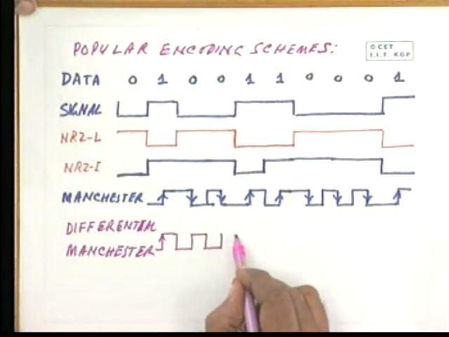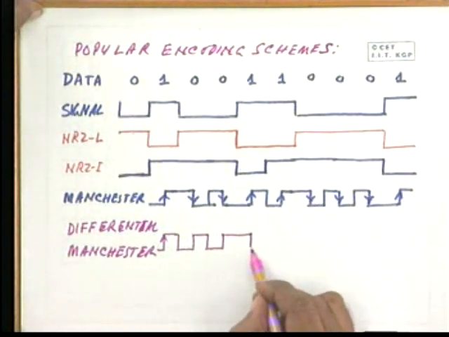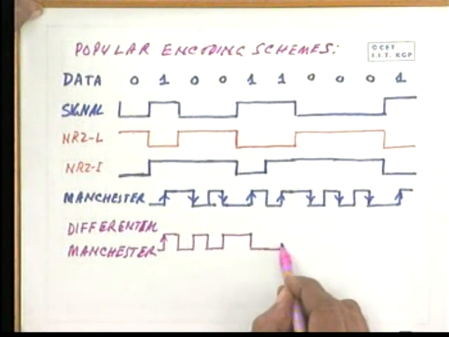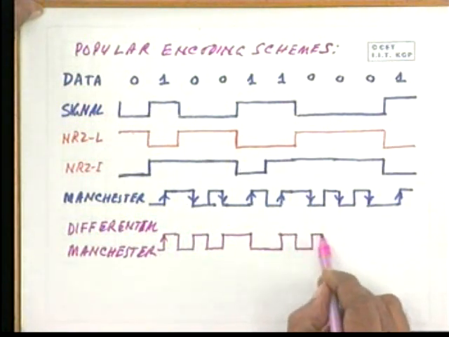This is 1, so there will be no transition, but there will be transition in the middle, and no transition in the beginning of the next one, but there is transition in the middle, and this is a 0, so there will be transition in the beginning and also in the middle.